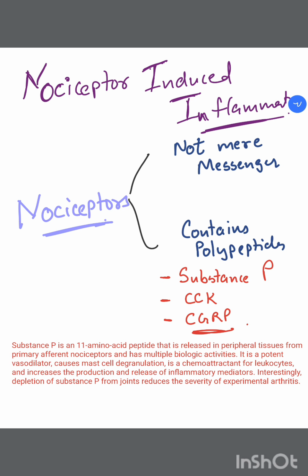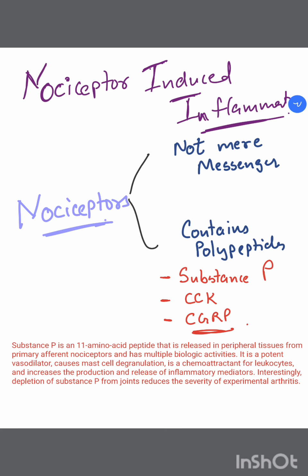So whenever these nociceptors are activated, they release certain polypeptides such as substance P, cholecystokinin, and calcitonin gene-related peptide. These lead to local inflammation. Hence, it is termed as nociceptor-induced inflammation.